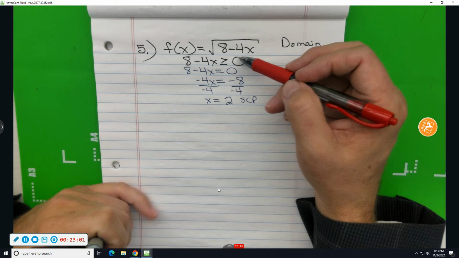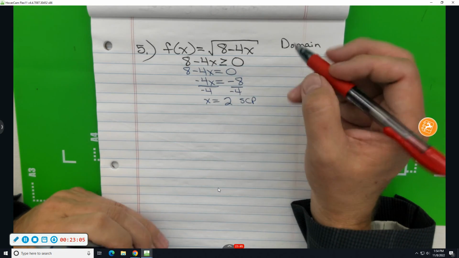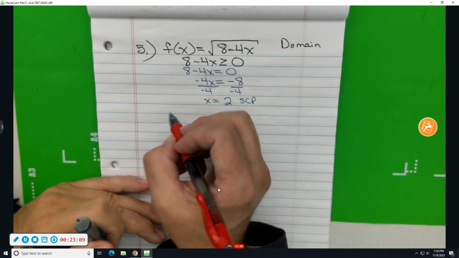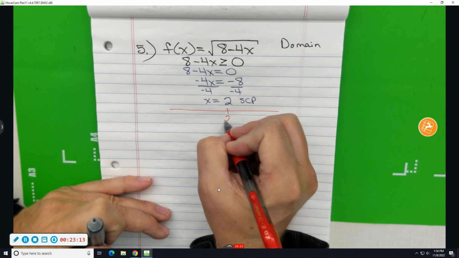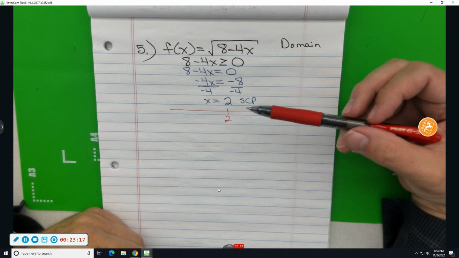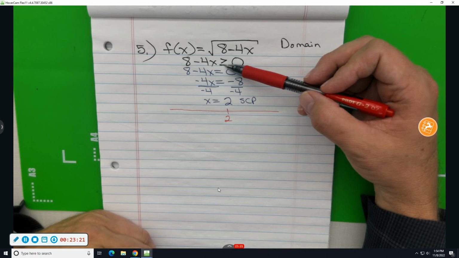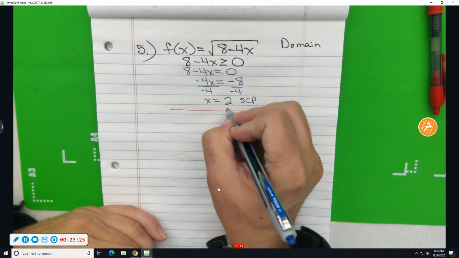Well, there are no denominators here. Notice this thing is never undefined, so there are no denominator cut points. We draw a number line. 2 is the only number on the number line. And remember, for solution cut points, you look back at the original inequality. Equalities allowed. So we have a closed circle.